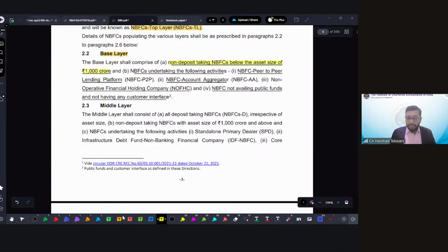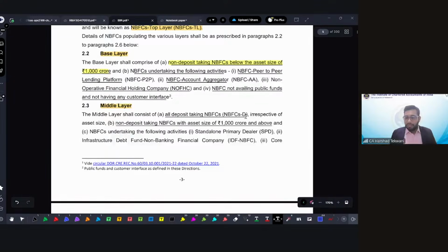Second category, middle layer. What does the middle layer include? Middle layer includes NBFCs having asset size more than 1000 CR and not deposit accepting, because less than 1000 has already gone to base layer, more than 1000 will now come to middle layer.